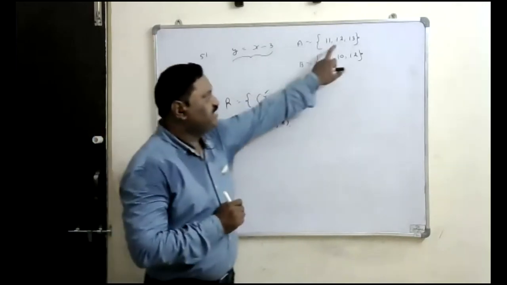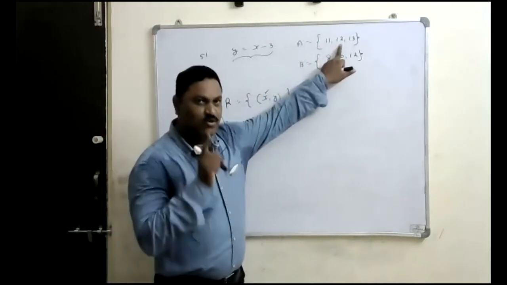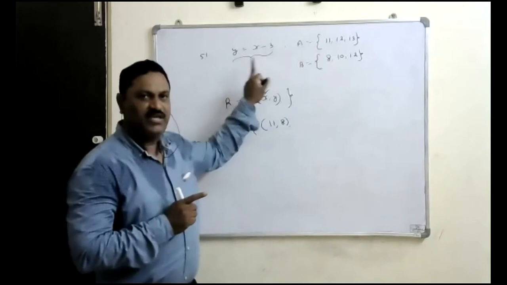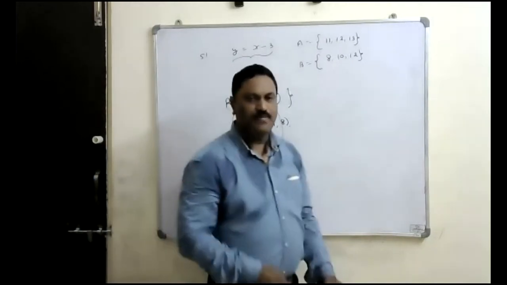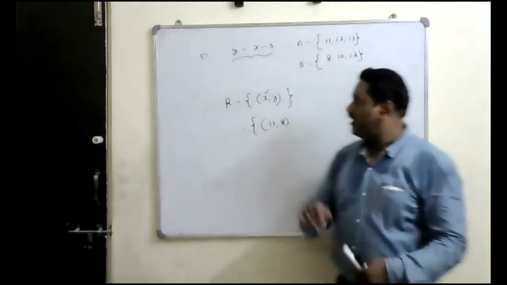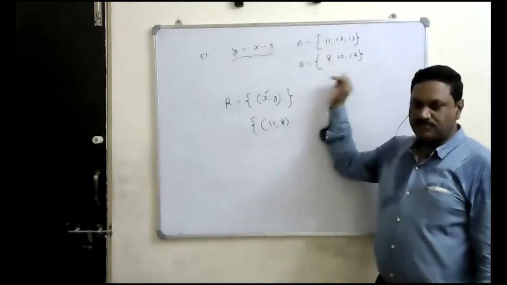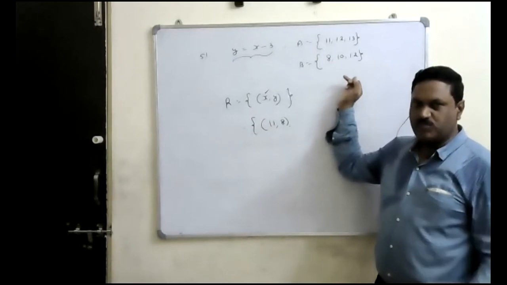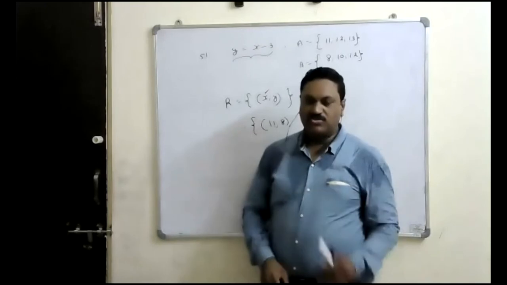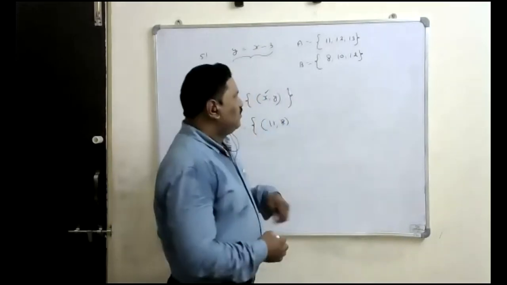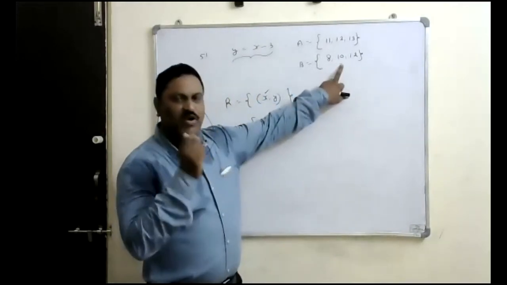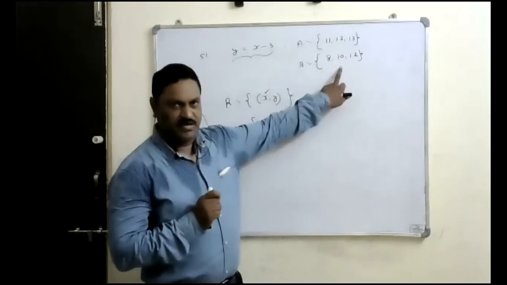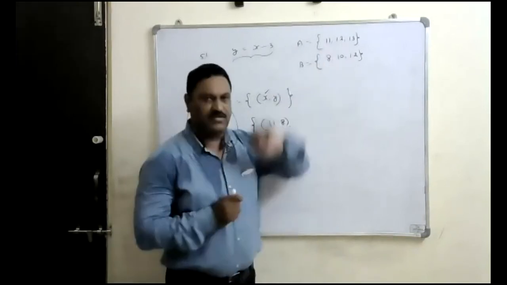Next, if we take x equal to 12, tell me what is the value of y? 9. Is 9 in the second set? No. That's why you should not take that element, because all the y values we get should lie in this set, and all the x values should lie in the first set.